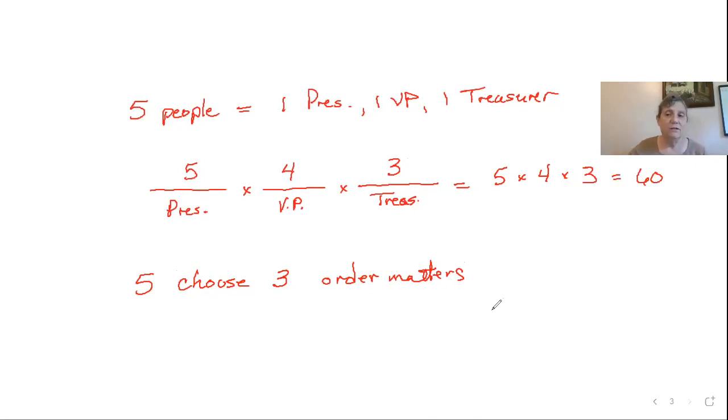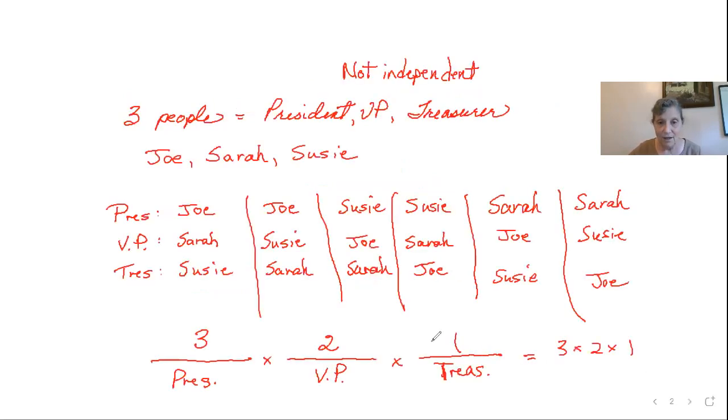Given 5 people, there are 60 possible combinations we could have as president, vice president, and treasurer. Now that's a big jump from having 3 to choose all 3 of them. In the previous option, we had 3 and we're going to choose 3. That only gave us 6 possibilities. So it makes a huge difference.